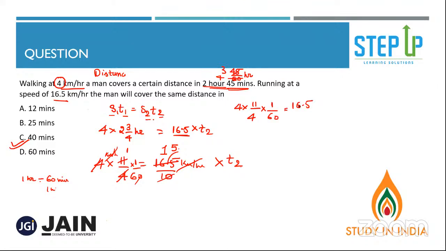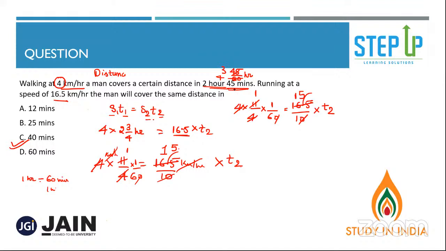I'm getting 90, people are getting 40, but let me see where I am making a mistake. This will get cancelled, this will get cancelled. I think here the problem is happening.